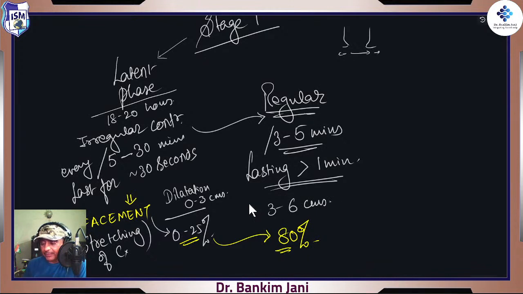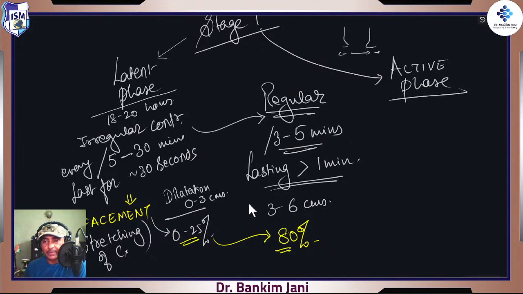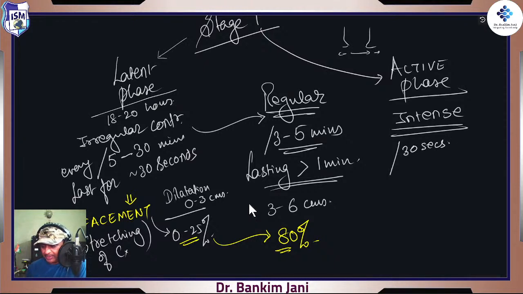Still it is latent phase, but immediately after that there comes the active phase. Now this active phase is rapid, right? In this the contractions are intense. And see how intense. Now they are coming every 30 seconds to 2 minutes, so they are coming more frequently, and at the same time, they last for, watch carefully, 60 to 90 seconds.